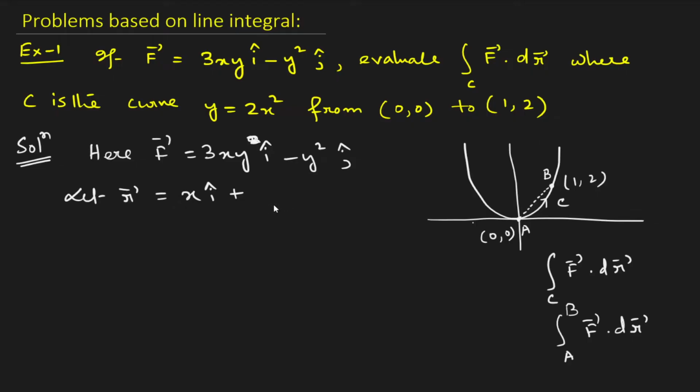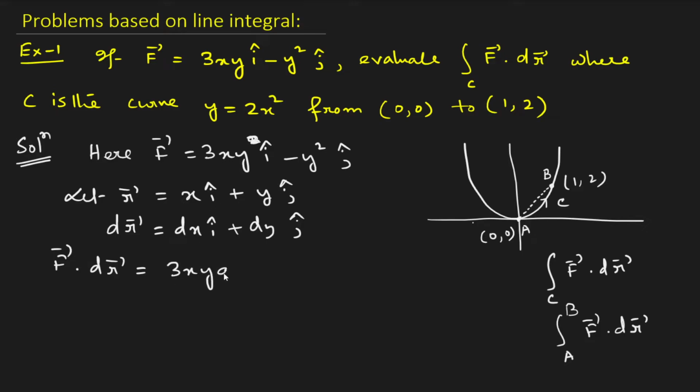I am not writing k cap because here k cap is absent. Before that, let us find dr bar. dr bar is dx i cap plus dy j cap. So if you find the dot product F bar dot dr bar, we will get 3xy dx minus y square dy, right? This is what we will get.